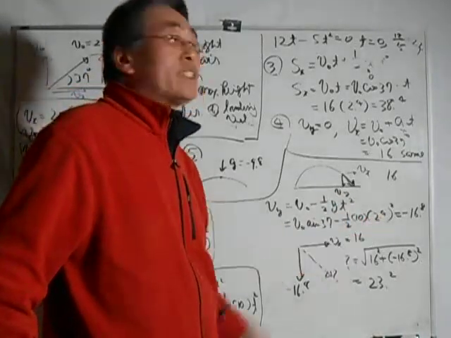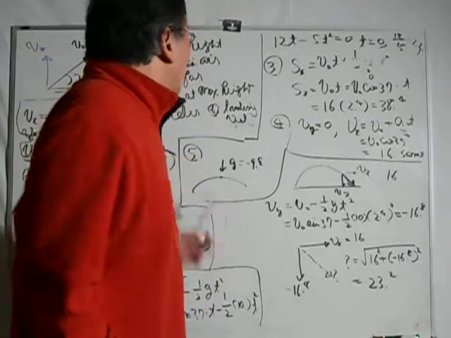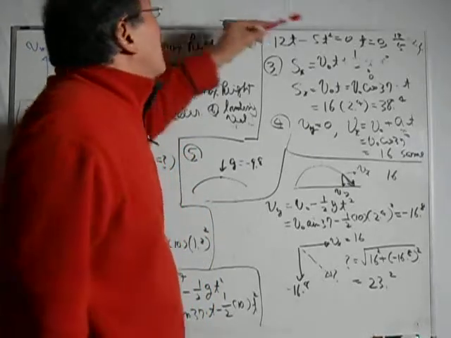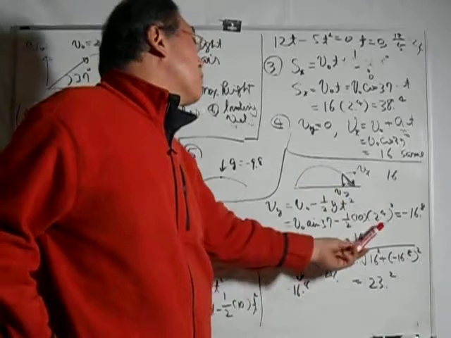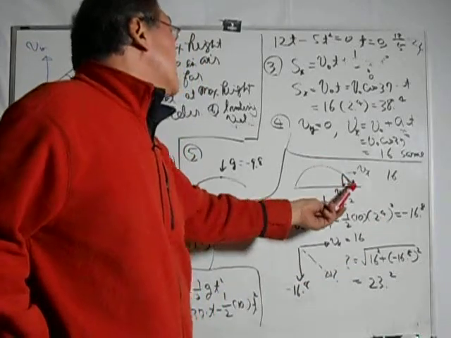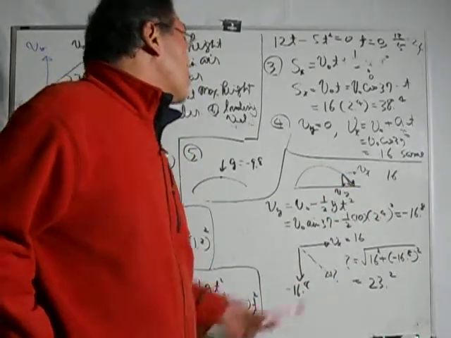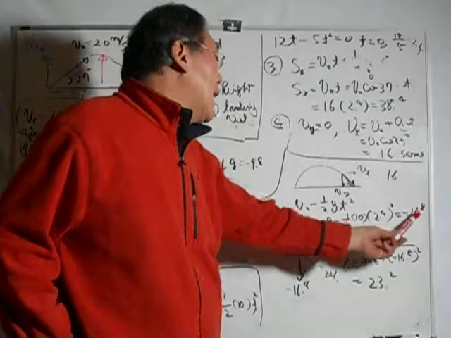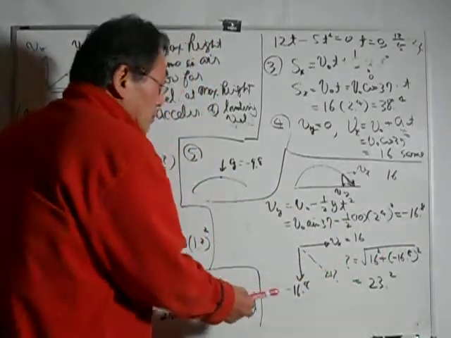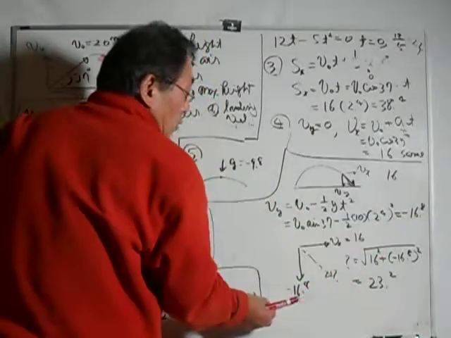T is 2.4 seconds. The time it takes to go up and come down to here is 2.4 seconds. At the time of landing, it takes 2.4 seconds. So once you figure it out, it is 16.8, so Vy is minus 16.8.